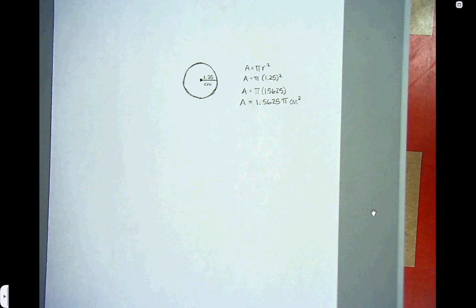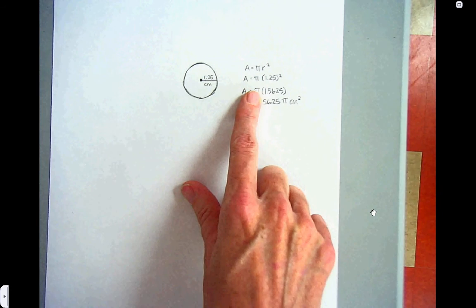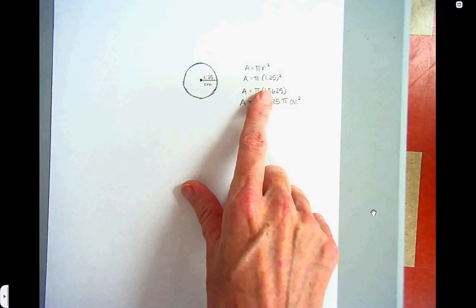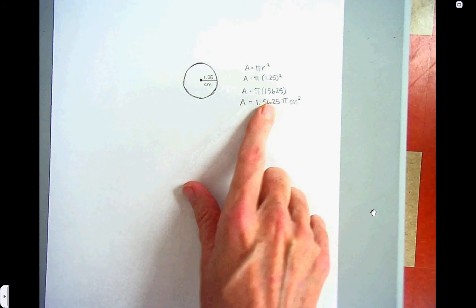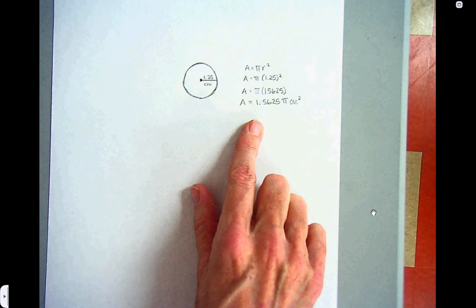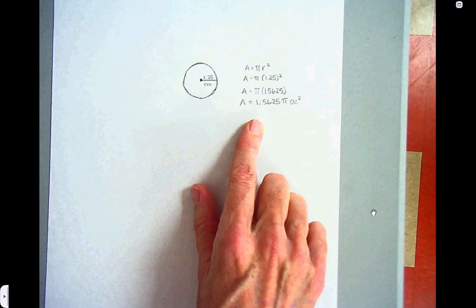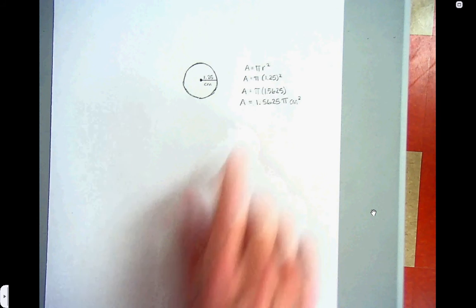If we know that information, then the area is pi r squared. So that would be pi times 1.25 squared. And when we square 1 and 25/100ths, we get 1.5625. And so our exact answer, if we leave it in terms of pi, is 1.5625 pi centimeters squared.